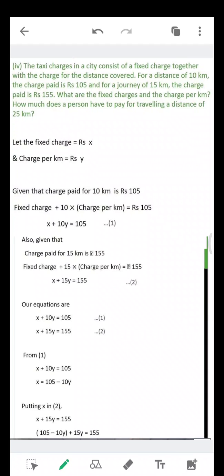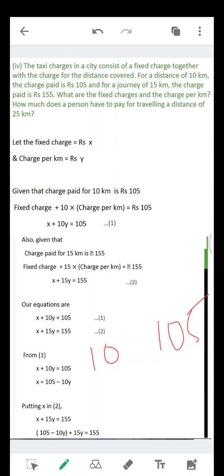So the taxi charges in a city consist of a fixed charge here also with the charge for the distance covered. Now for the distance of 10 kilometer the charge paid is rupees 105.